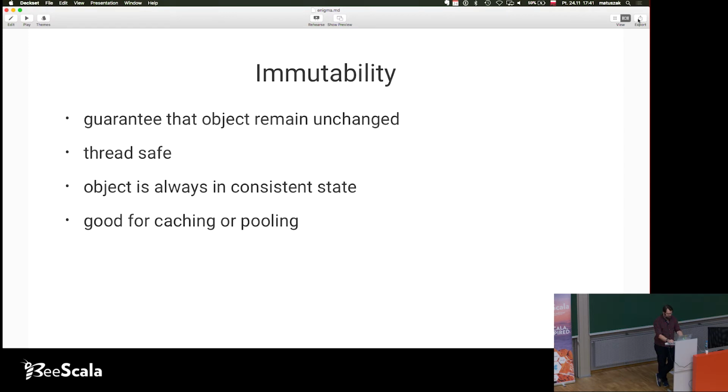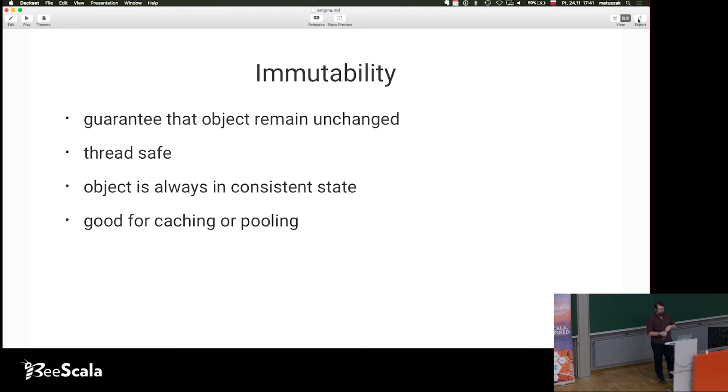inconsistent objects. And immutable objects are good for caching, pooling. I don't want to go to the philosophical part like Rich Hickey, where you have state and identity. Basically, in an immutable object, you don't have the problem you had with Hibernate, when you want to define identity or equals and hashCode.